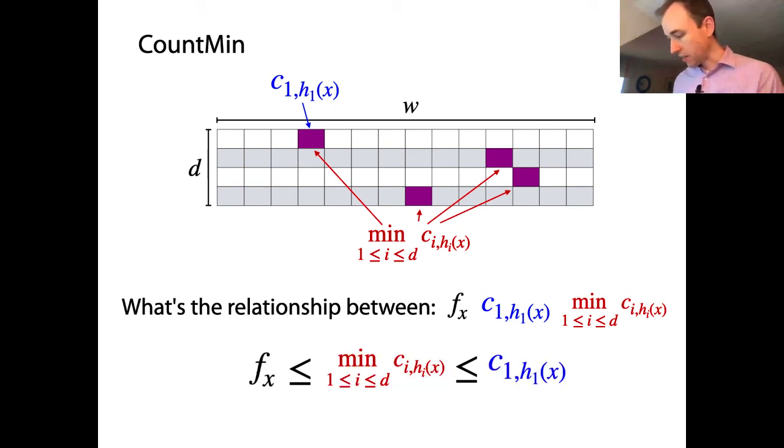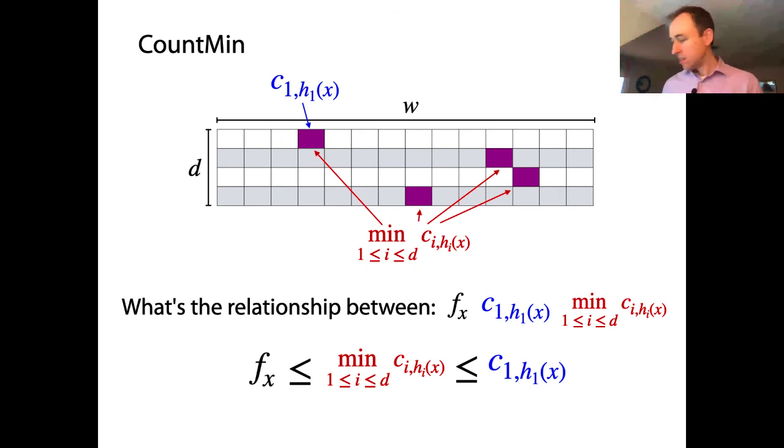Right, so the thinking here is that this is affected by collisions. This removes some of the effect of the collisions, but there can still be collisions in all d rows of the CountMin sketch. So this still is not necessarily the correct answer. And the correct answer is only ever less than or equal to these estimates, since the estimates come from using a hash function, and hash collisions can only inflate the estimate. It can only make the estimate too high.